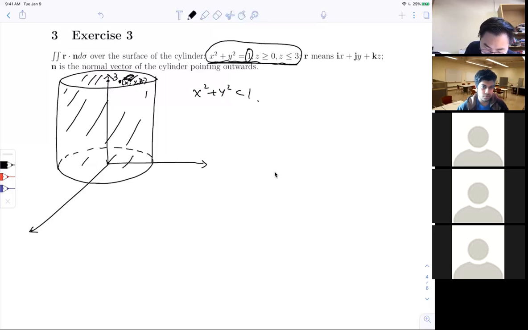Basically, the distance from this point to the z-axis is smaller than 1. But this constraint gives us x squared plus y squared equal to 1, meaning that the integration region does not include the top and the bottom disk.